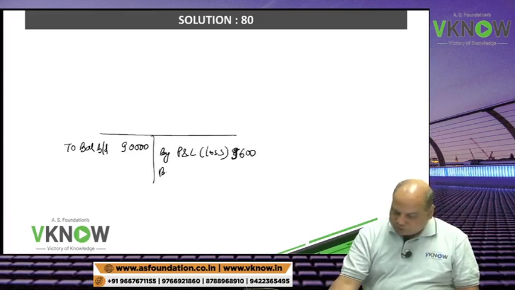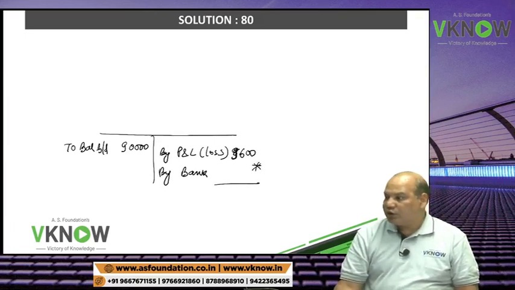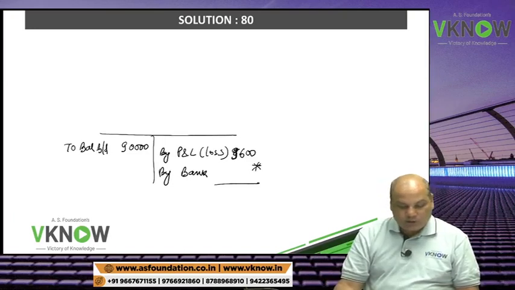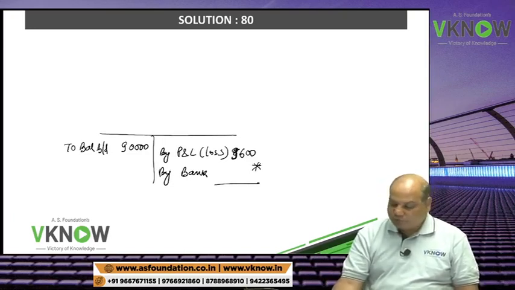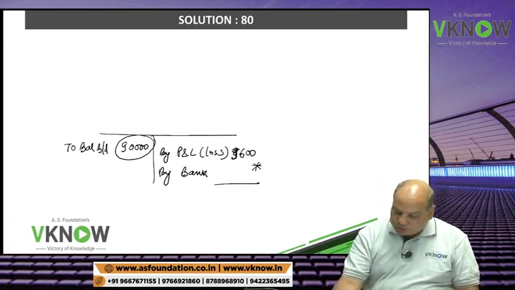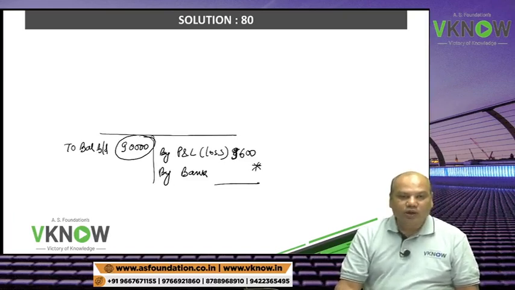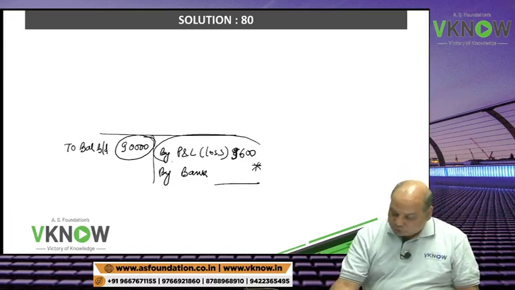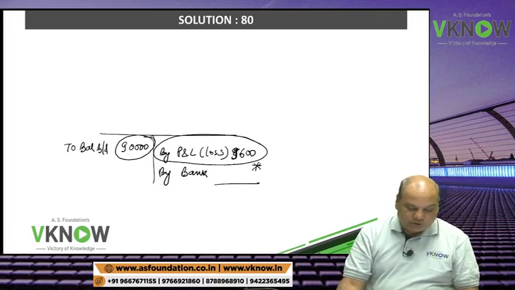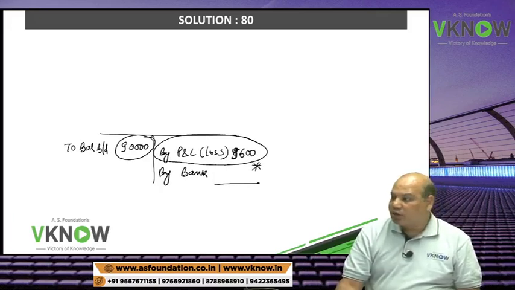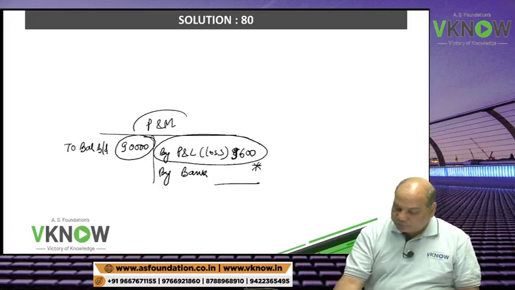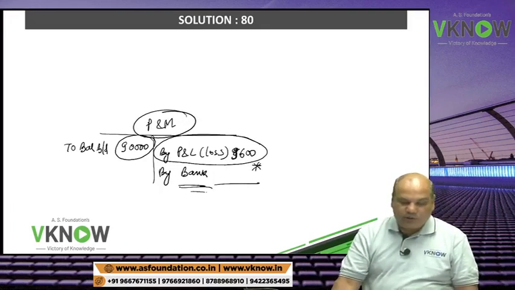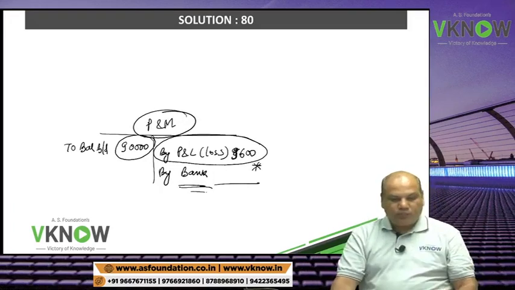So my question is, what is the sale value of this plant and machinery? Anybody? The book value means ledger balance 90,000, loss 9,600. So at what amount this plant and machinery was sold by bank?